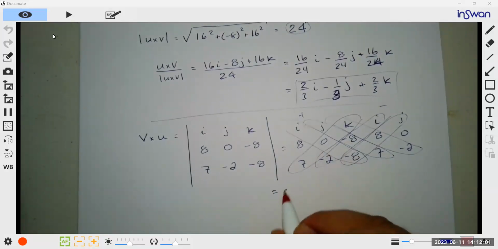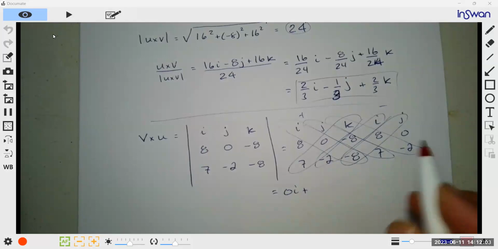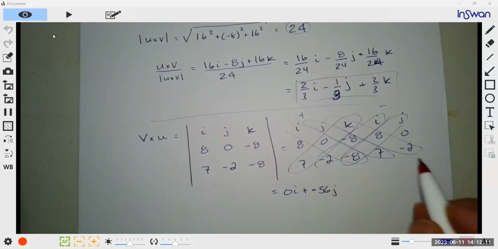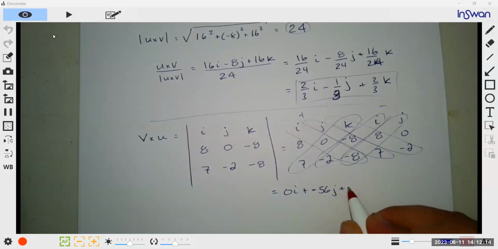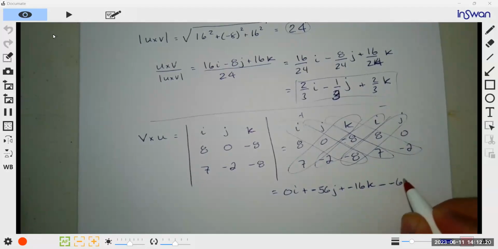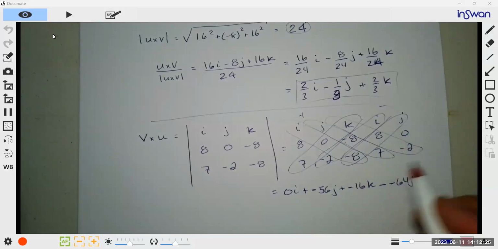So 0 times 8 is 0i, negative, so it's negative 56j, plus negative 16k, minus negative 64j, minus positive 16i, minus 0k.